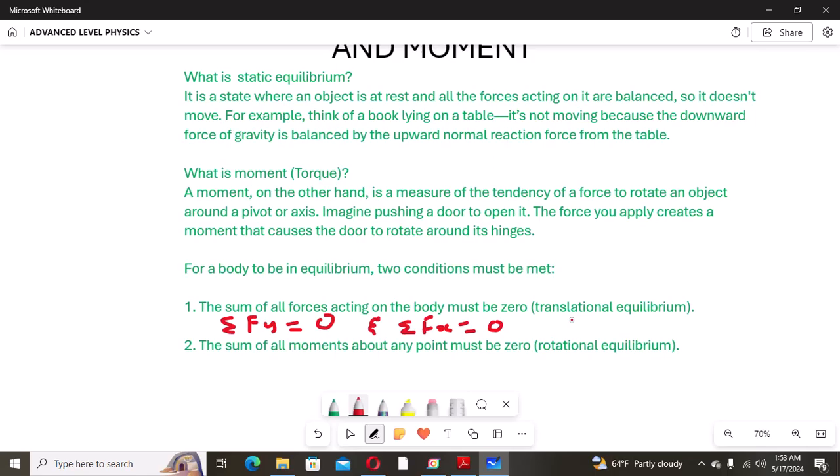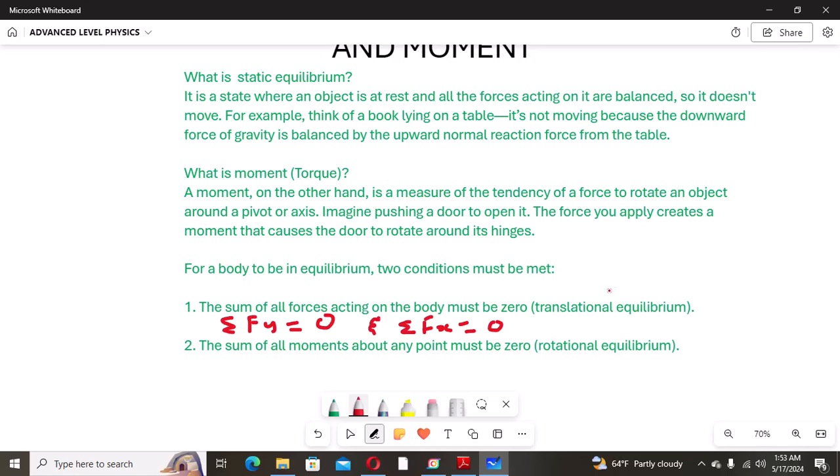Then the other condition is the moment condition. The second condition that must be met is that the sum of all moments or torques about any point on a body must be equal to 0.